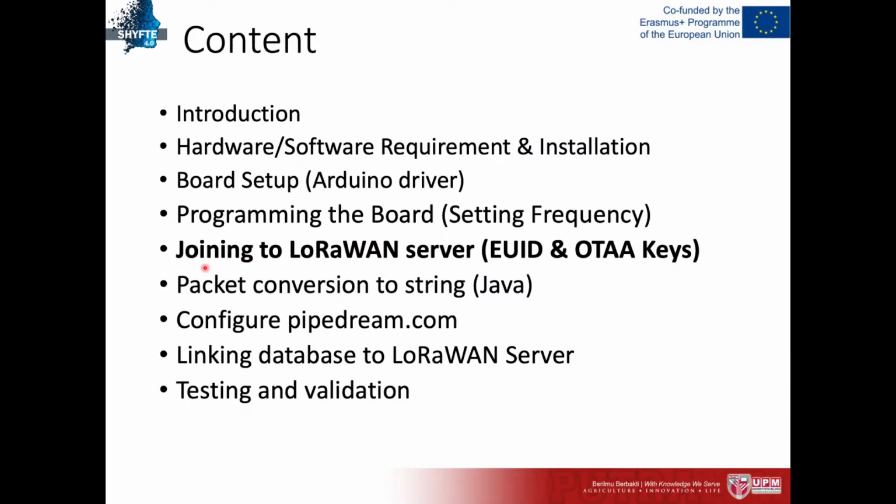Next, we are going to do the joining of the LoRa node to the LoRaWAN server. We need to register the device to the server to make sure the LoRa node can communicate and send data to the server. There are a few ways to connect LoRa nodes to the server.